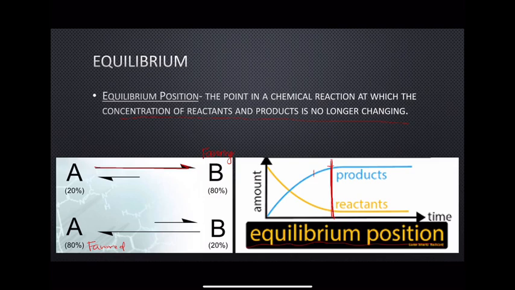Now, one other thing that's important to note about equilibrium is that if you have a catalyst at chemical equilibrium, it's going to work on both the forward reactions and the reverse reactions equally. Catalysts do not favor one reaction over the other. It works on them both equally.